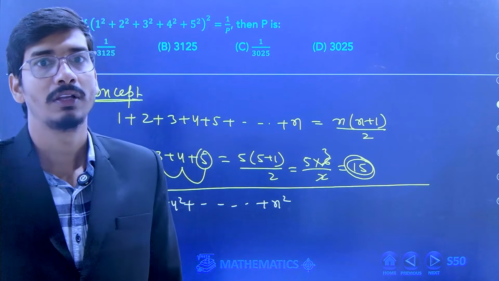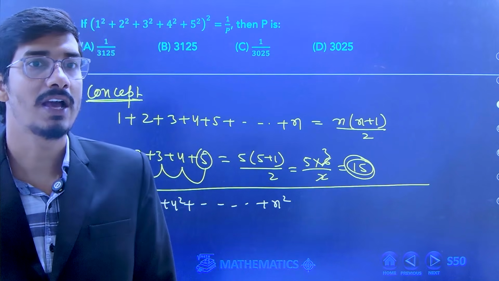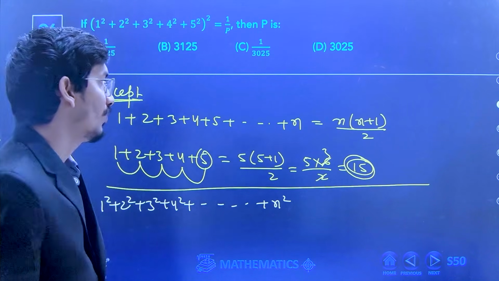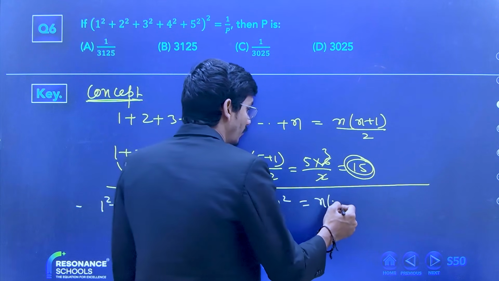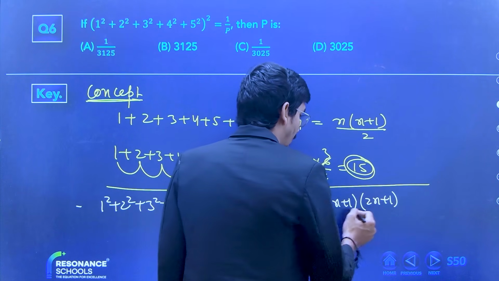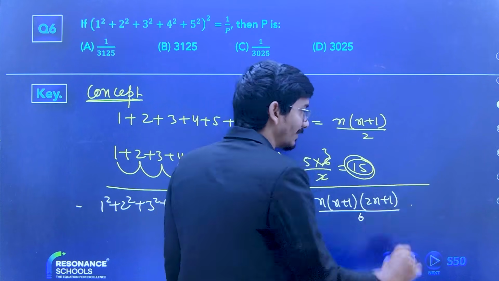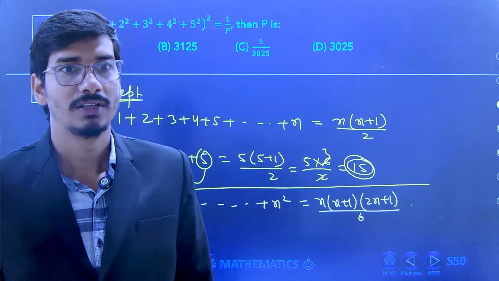The sum of the squares of natural numbers. The sum of squares of n natural numbers is what, beta? In this case, the formula is n into (n plus 1) into (2n plus 1) divided by 6.